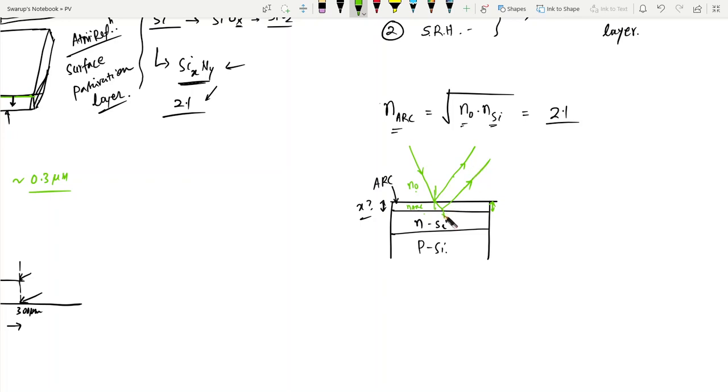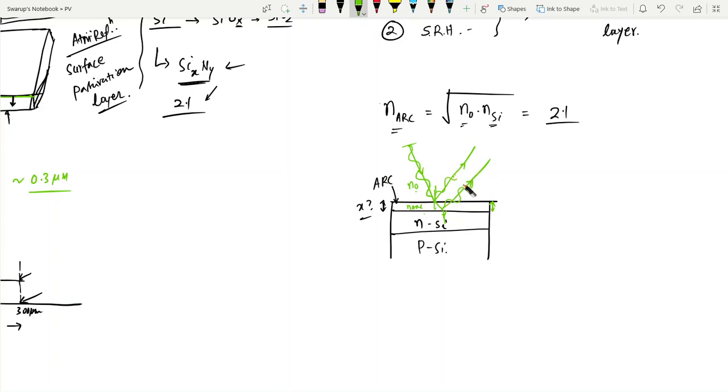So all the light will be transmitted into the device, into the solar cell. So how can you do that? I am drawing here a ray diagram, but if you draw the typical wave of light, right, they are basically interfering.